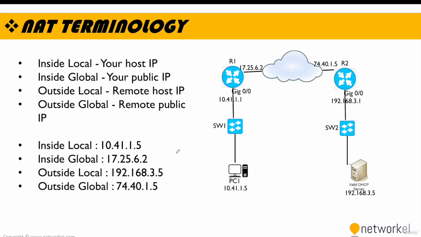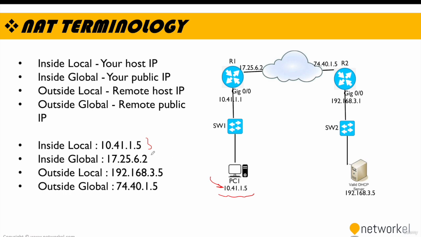So how can we check it here? For example, I have my PC1 assigned 10.41.1.5. That is the inside local IP address from this router's perspective.